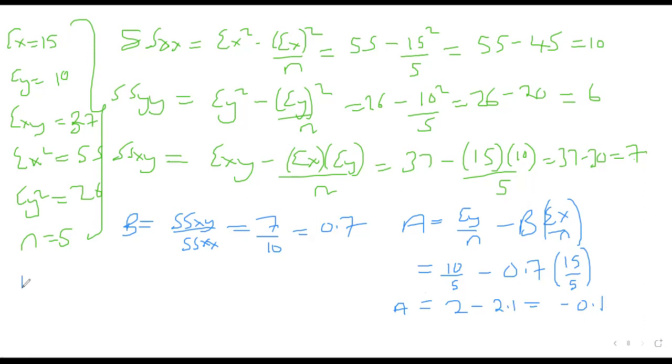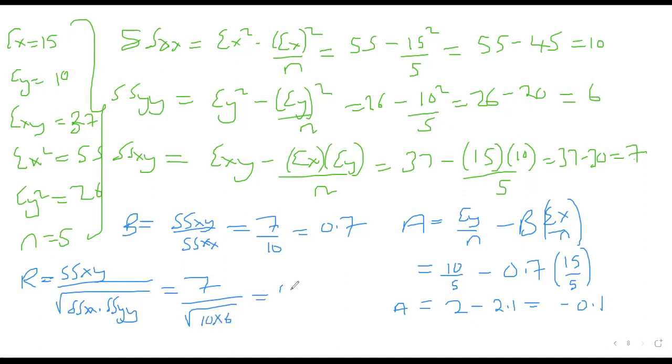All right, we also saw our R, which was simply given by summation of xy over the square root of xx times yy. So this would be 7 over the square root of 10 times 6.